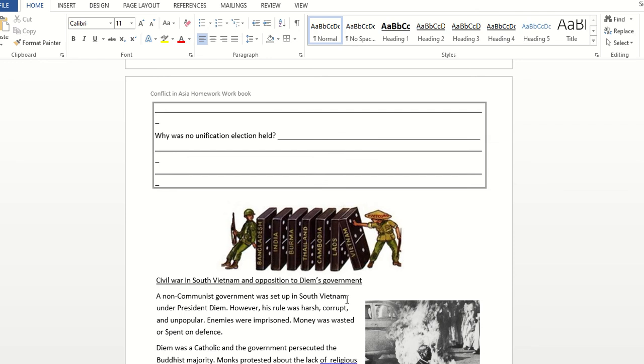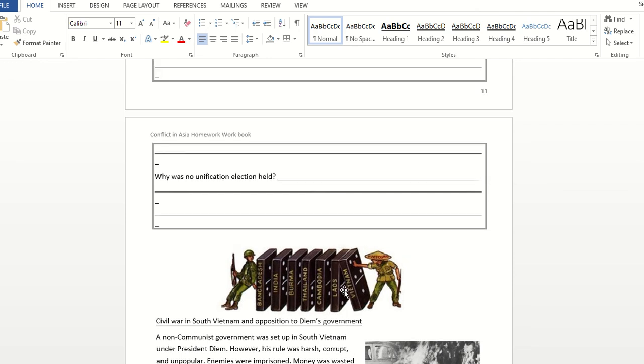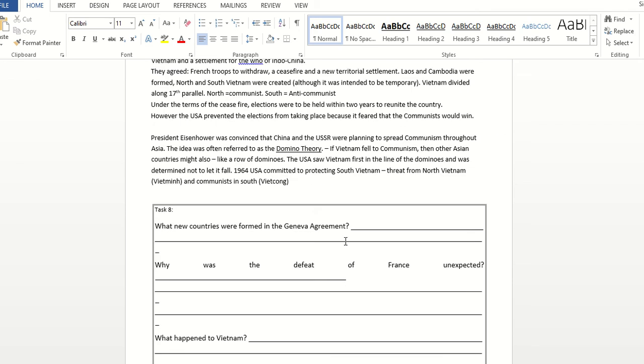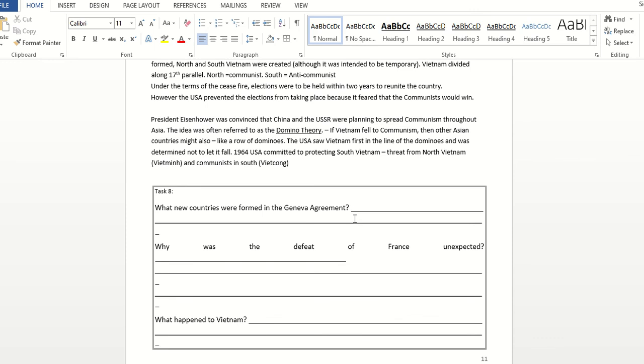America wanted to stop the spread of communism, and so they gave money and support to the South Vietnamese government.